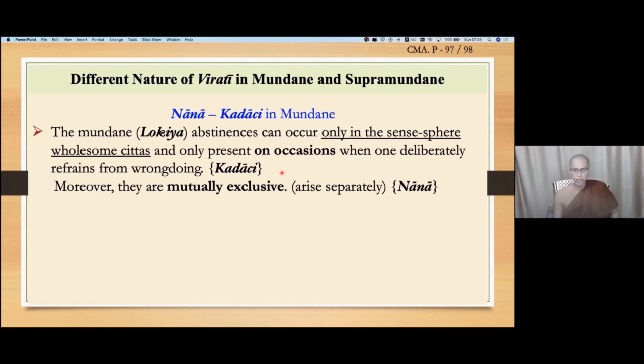All of them will be absent. So they arise sometimes with the wholesome consciousness, and sometimes they don't. It means when the wholesome consciousness arises in the process, sometimes the abstinence arises together, one of them, and sometimes all are absent. So only the other mental factors accompany.